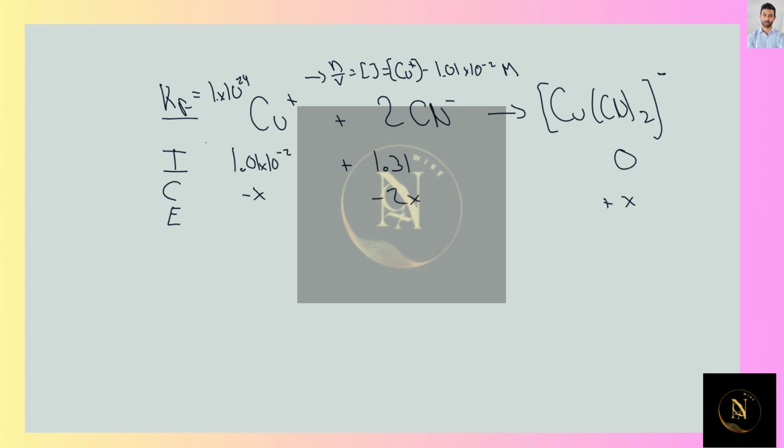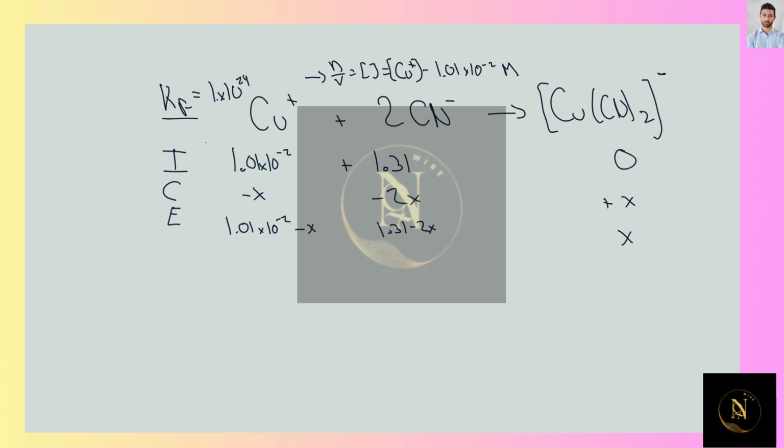So that means that at equilibrium, we would get 1.01 times 10 to the minus 2 minus x, 1.31 minus 2x, and x over here. So now, we could go ahead and write this down into our formation constant and try to solve the equation, but you're going to find that that is quite hard to solve, in the sense that you're essentially going to find that x is going to be 1.01 times 10 to the minus 2.